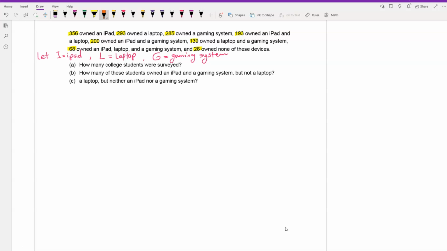And what is given, we have the number of elements in I, or how many iPads? It's 356. And what we have for laptop, it's 293. And for gaming system, we have 285.